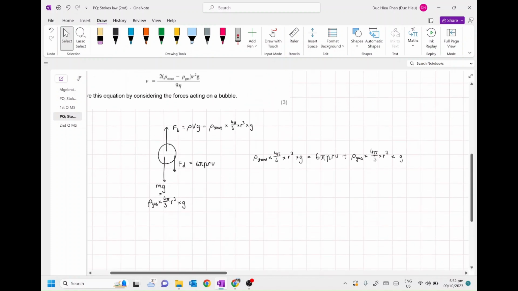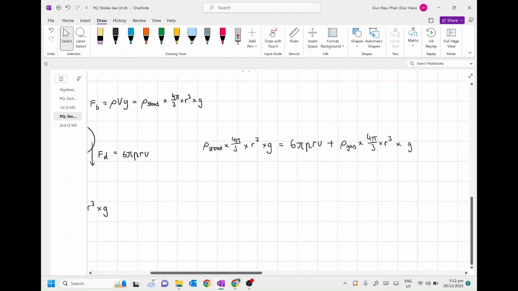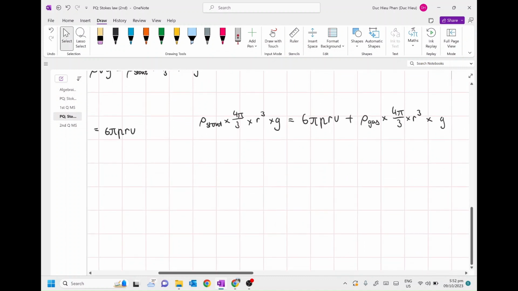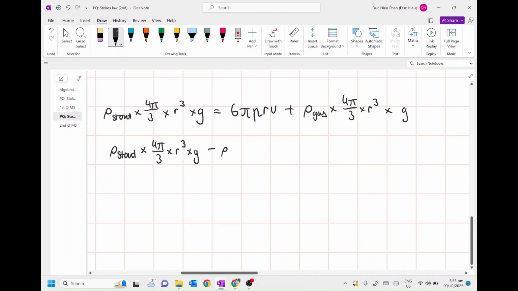Okay. So now we want to isolate velocity, and we're going to leave the velocity on the right because it's already on the right. So we keep the buoyancy force on the left, and then we minus the weight of the bubble. And like before, you can probably skip through this as long as you understand what I'm doing.